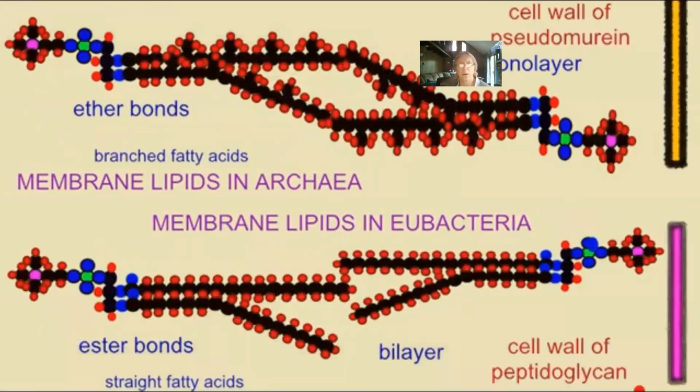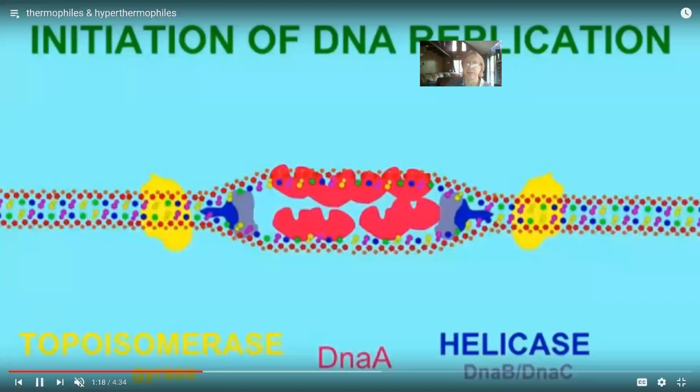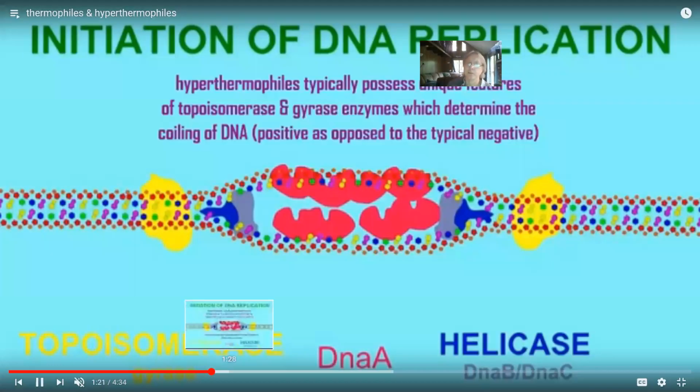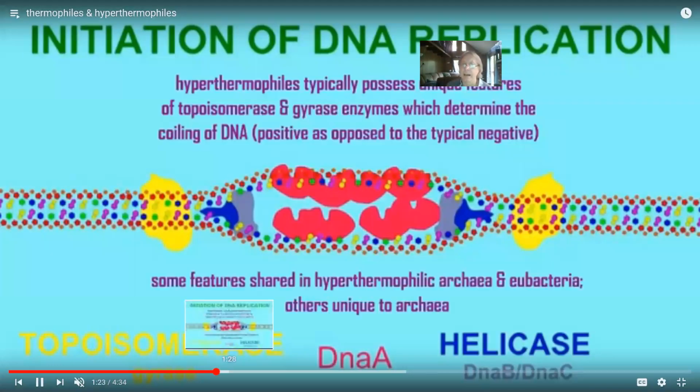The PCR, which is so important in taking a small sample of DNA and making a lot of it. So for example, at a crime scene, if a little bit of DNA is found, we can amplify it to make a whole lot of DNA.